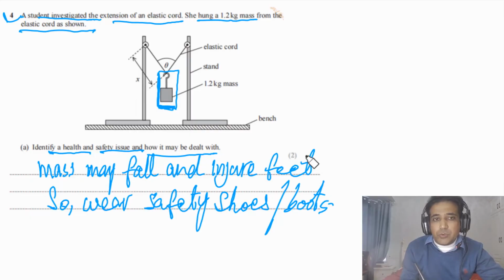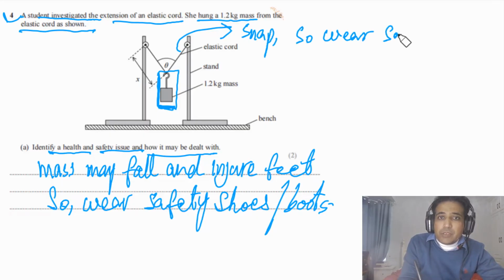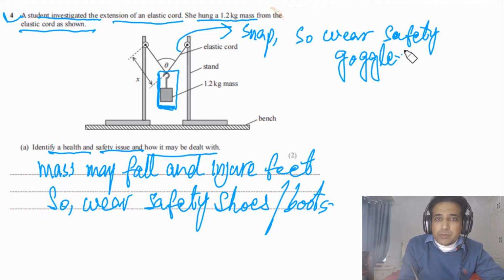If you write down these 2 points, you will get 2 marks. We can also write that the elastic cord may snap. So we can say, so wear safety goggles. So we can also talk about this part as well. So this is how we can answer.